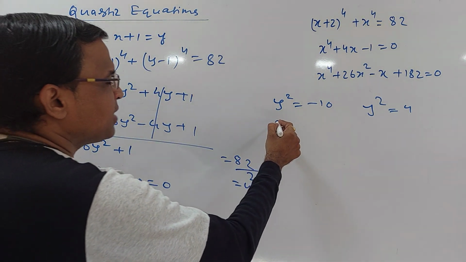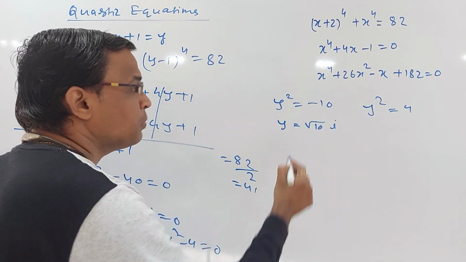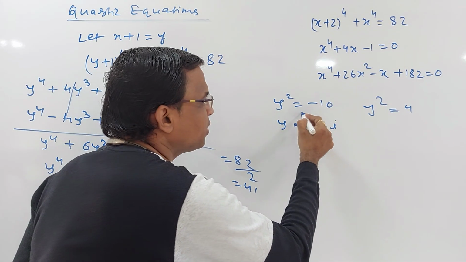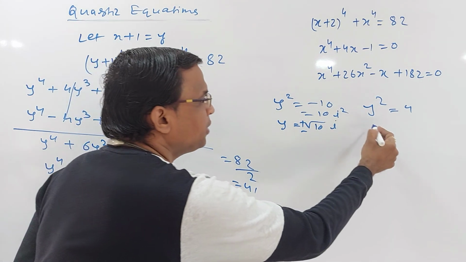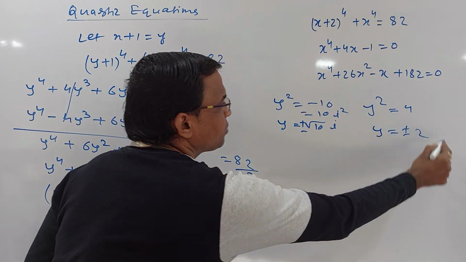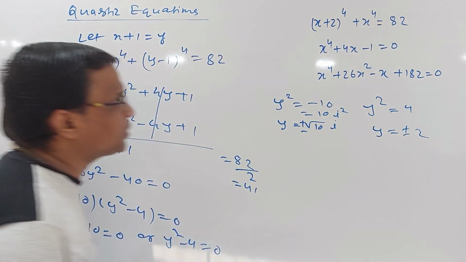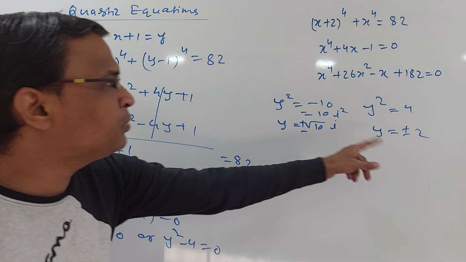So basically I can say y is equal to plus or minus root 10 i, because minus 10 can be written as 10 i square. And here y will be equal to plus minus 2. So ultimately I got in total 1, 2, 3, 4 solutions. It's a quartic equation, so it should have a maximum of 4 zeros. So we are getting 4 zeros.